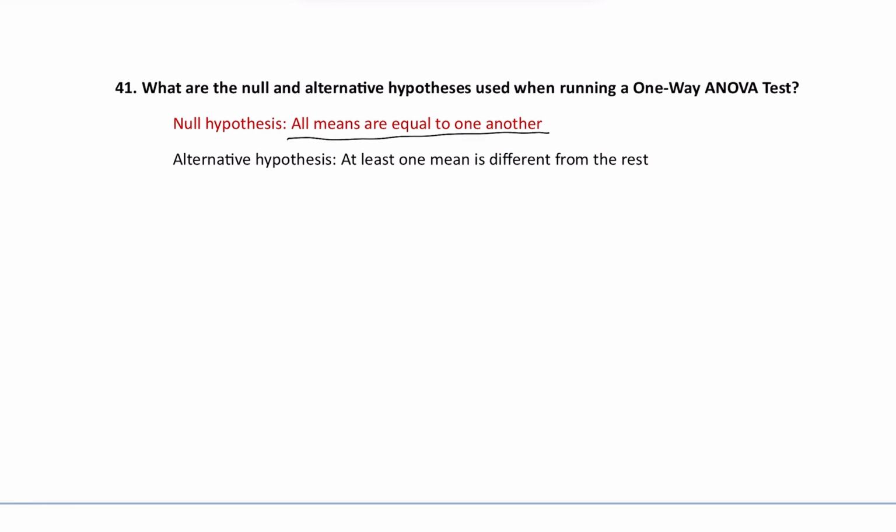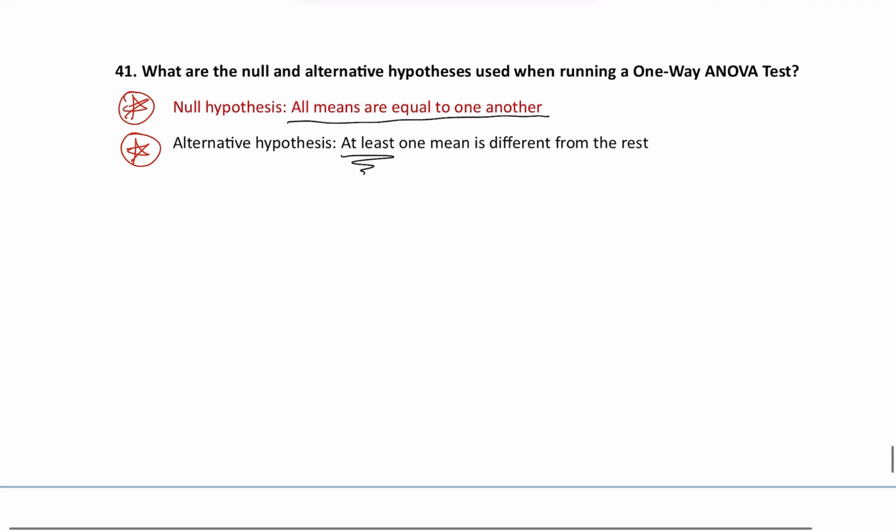And the alternative hypothesis is that at least one mean is different from the rest. So it doesn't mean that all of them have to be different here. These two statements are sort of a memorization thing. So make sure that you are familiar with those for the exam, especially the null hypothesis.